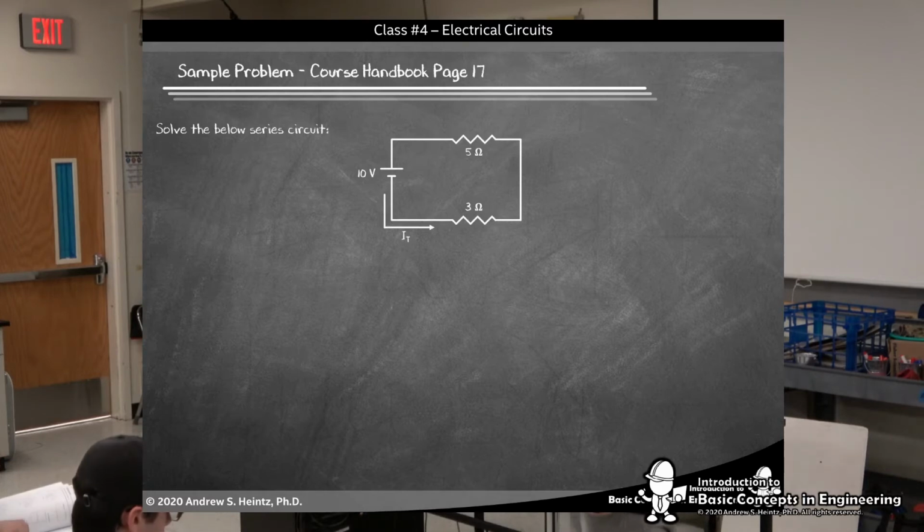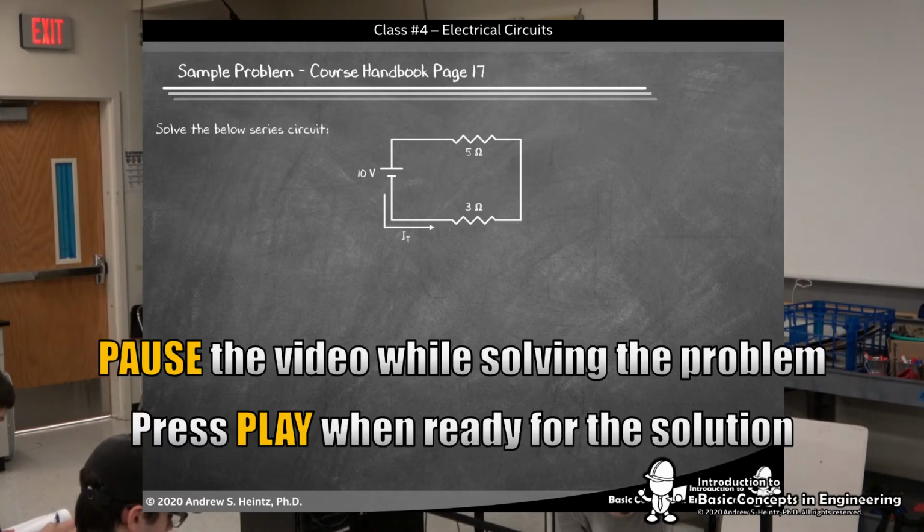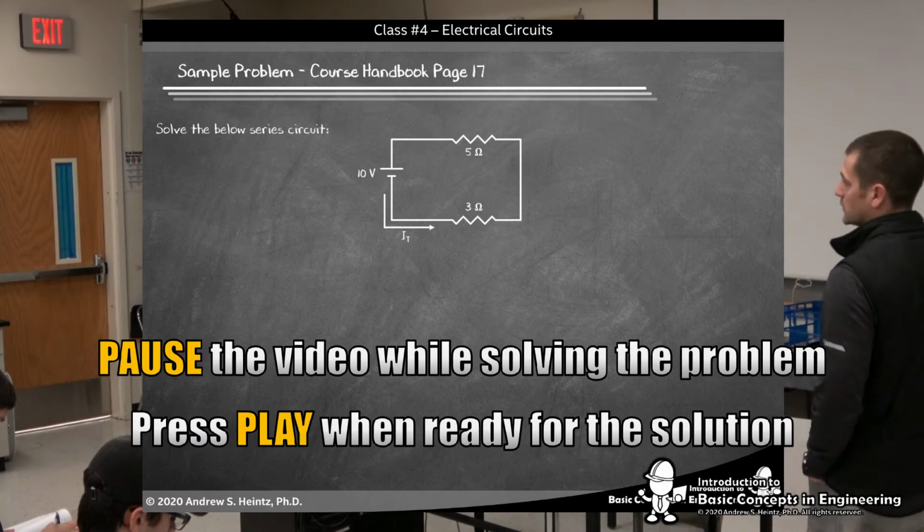If I wanted to know what the current going through the 3 ohm resistor would be, what would it be? It'd be like I3. Current through 5 would be I5. However, in this case, I3 and I5 are what? Yeah, the current going through each one of them is the same, right? So all we have to do is solve for IT, which is the total current in the circuit.